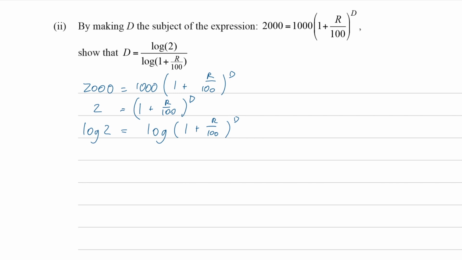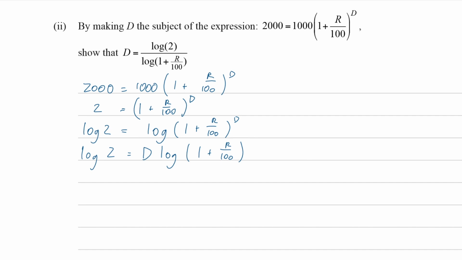Now using our log laws, we know if we have a power in the log, we can bring it out to the front, like multiplying out the front. So we can write that as D times log brackets 1 plus r over 100. I just took the exponent, took the power, and multiplied it out the front.